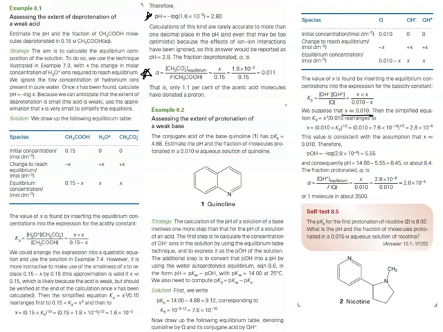So in this case, we can rearrange, solve for X, and that will give us the value 2.8 times 10 to the minus 6th. This value is consistent with the assumption that X is substantially less than 0.010. Therefore, pOH equals the negative log of 2.8 times 10 to the negative 6th, because that's the concentration of hydroxide, and that's going to equal 5.55.